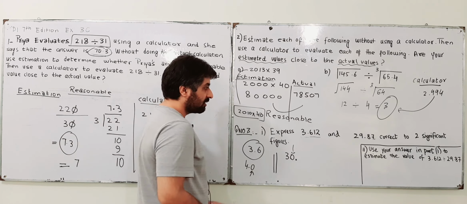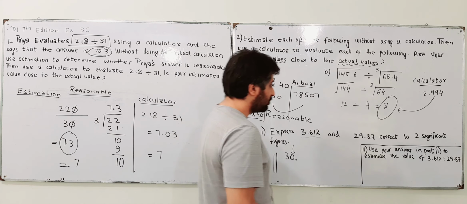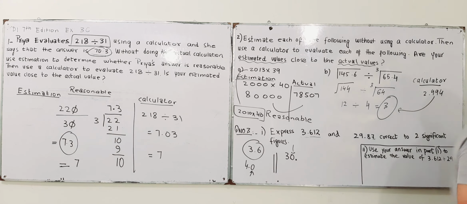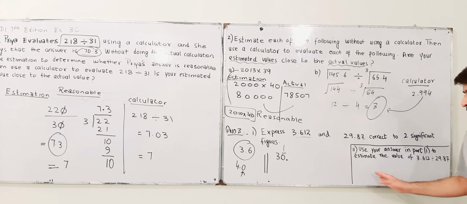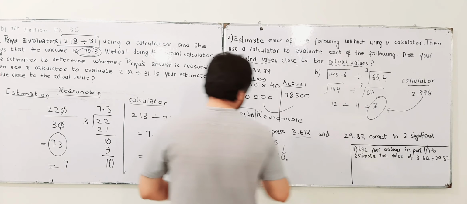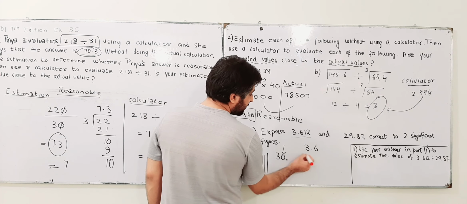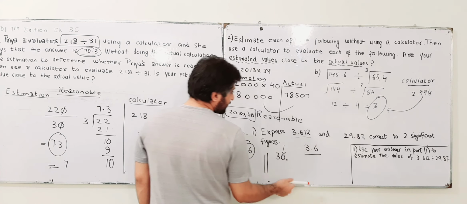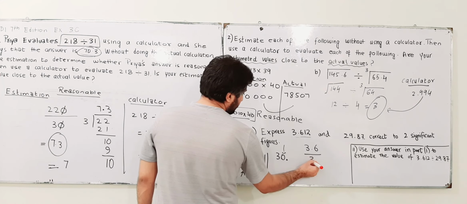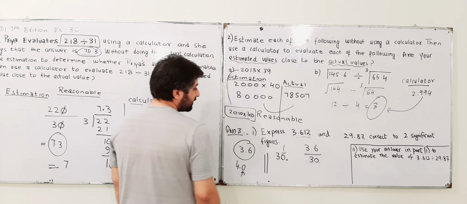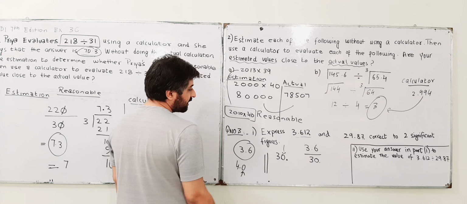This is the possible answer. Now use your answer in part 1 to estimate the value. You can do it like this: 3.6 in two significant figures divided by 29.87, which is 30 with a dot at the end to make the 0 significant.